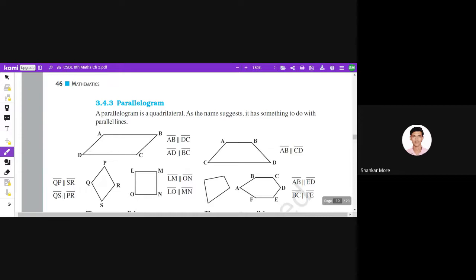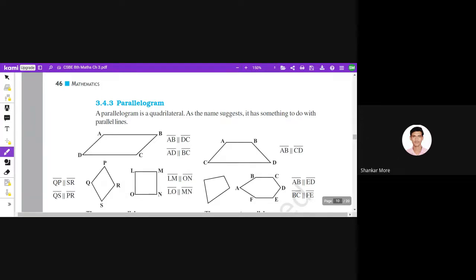All right. So our next figure is the parallelogram. So what is the property of a parallelogram? See, a parallelogram is a quadrilateral. As the name suggests, it has something to do with parallel lines. So what does it have to do with parallel lines?